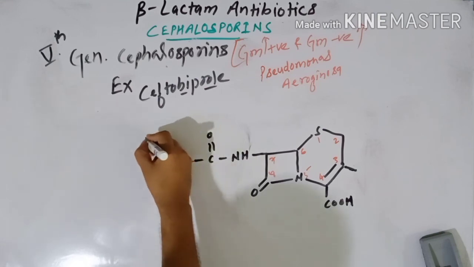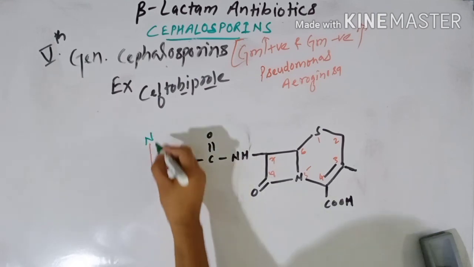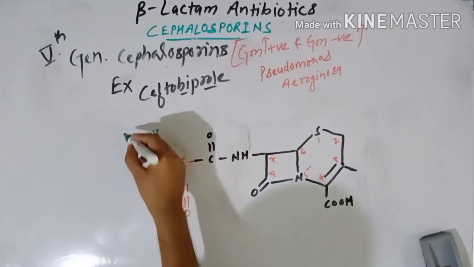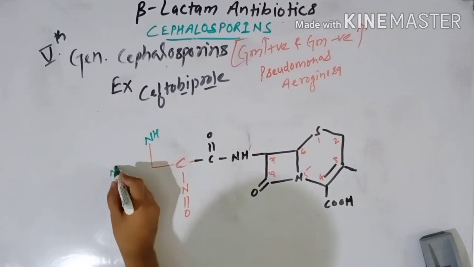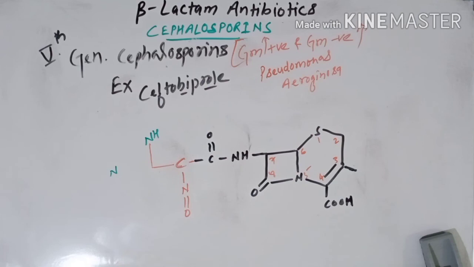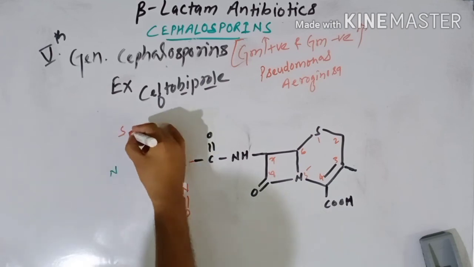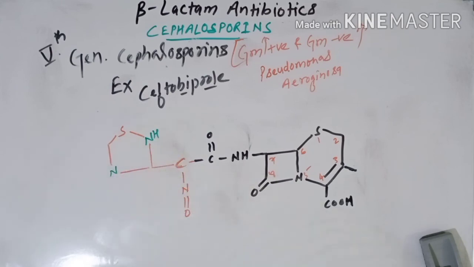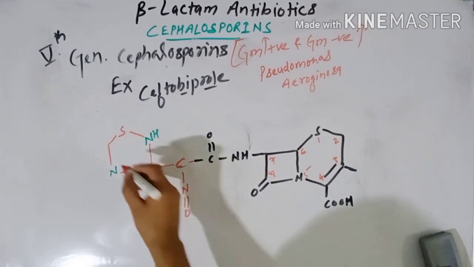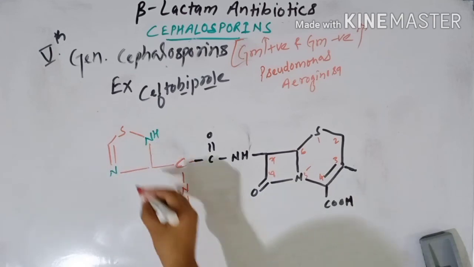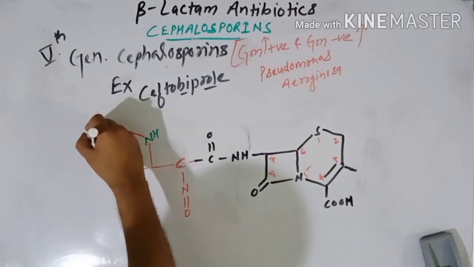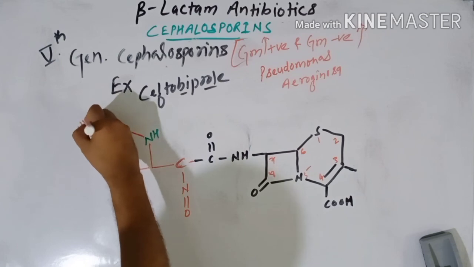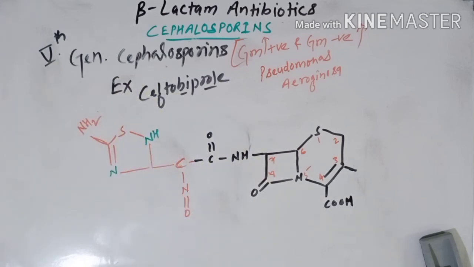So here is your first nitrogen and one more nitrogen at this position, and both nitrogens are linked via sulfur, and here a double bond is there, and on this position again the same amine group is there. So it is a sulfur containing two nitrogen pentacyclic ring.